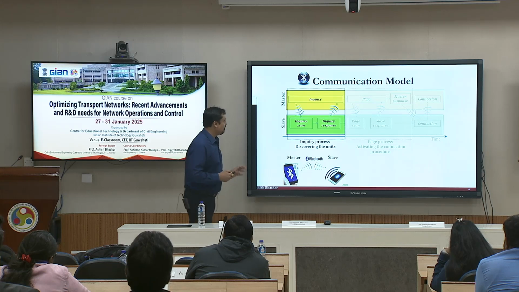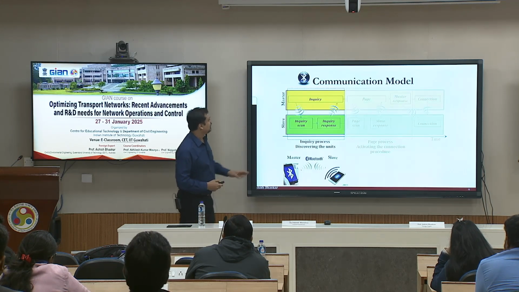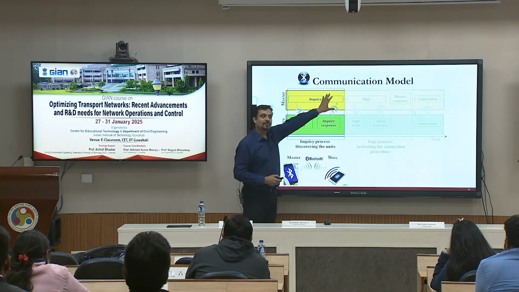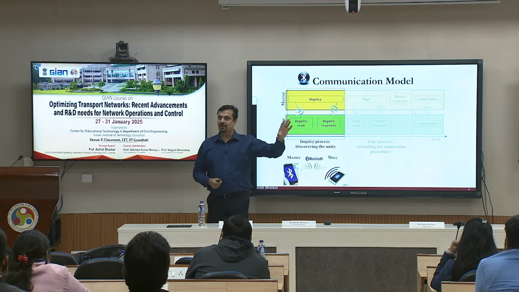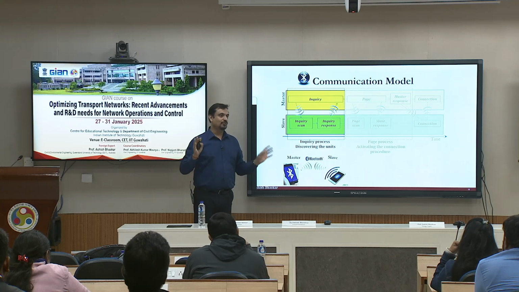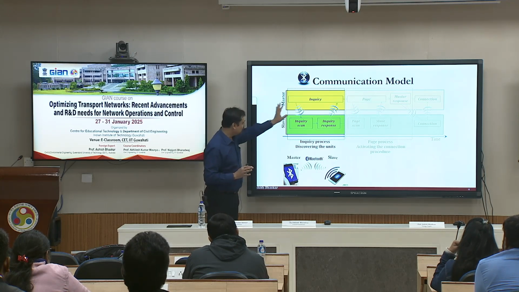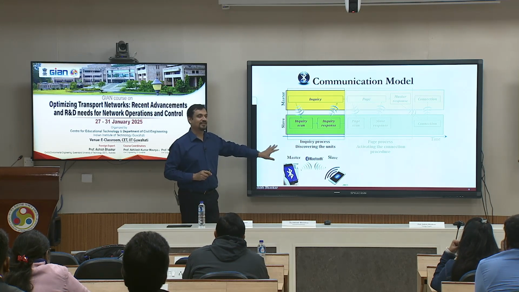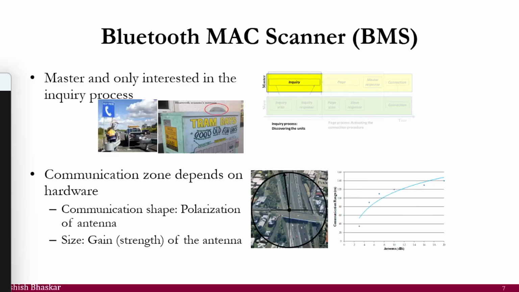So if I have a device which is always in the inquiry mode, keep on sending inquiry signals out and getting the inquiry response, that device is capturing the MAC IDs of the nearby Bluetooth devices. That's the only outer concept behind it. So in Brisbane, or in other places, let's say you have a Bluetooth antenna.